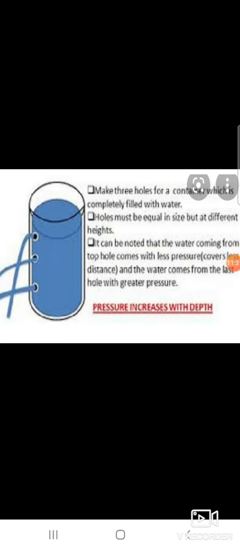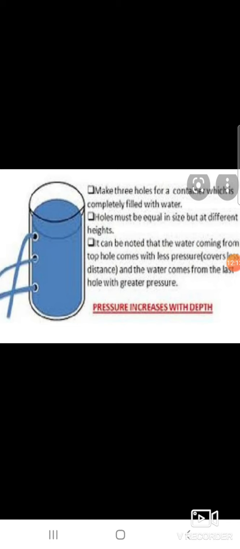Okay, then water pressure. All of you students take one water bottle full of water. On some sides, make one or five holes with a pin. The water pressure increases and water comes outside, and where the pressure is low, less water comes outside.